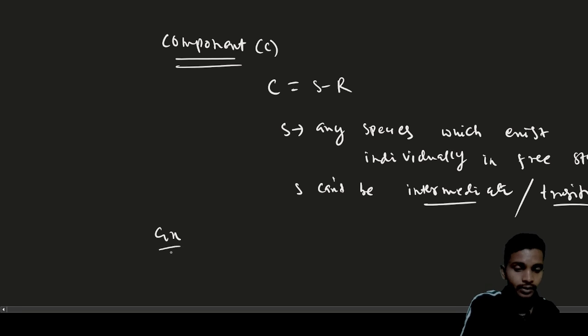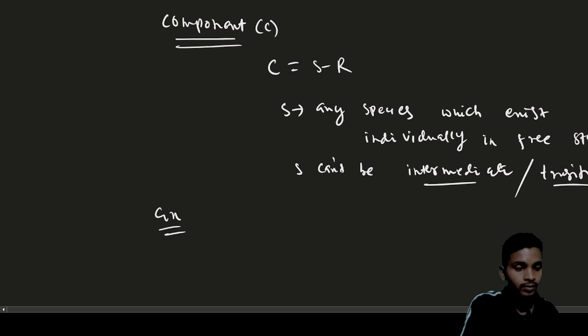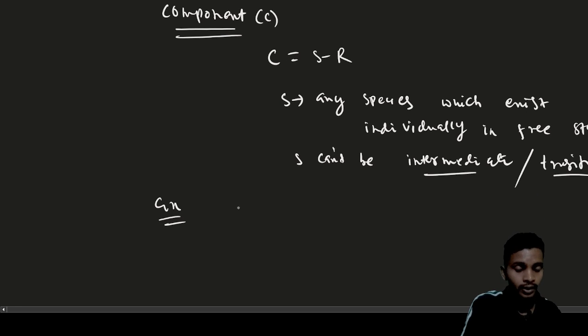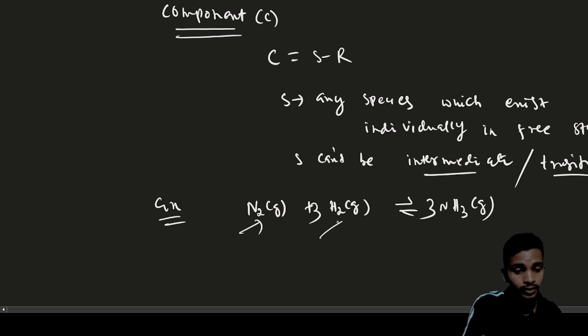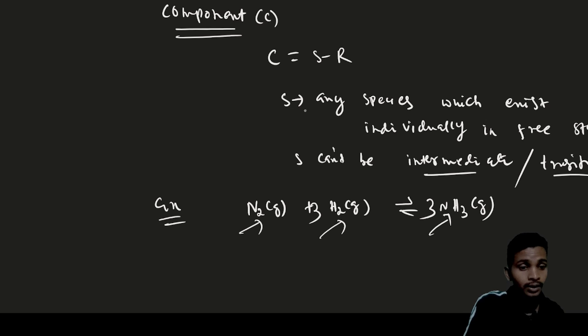For example, take the Haber process: N2 gas plus H2 gas gives ammonia gas. Here this exists freely, this exists freely, and this exists freely. Everybody has an independent existence. So the total S is how many species? 1, 2, 3.